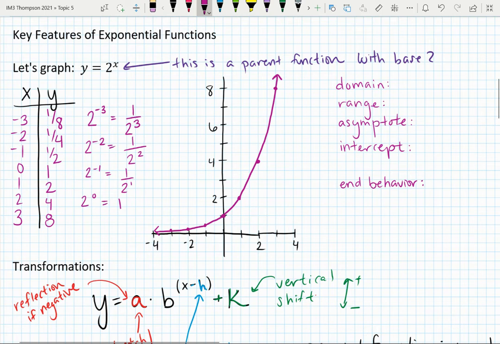We have different ways that we can describe domain and range, and we flip-flop back and forth in this class a lot. We're going to describe it today in the terms that you're going to see on your Savas homework.